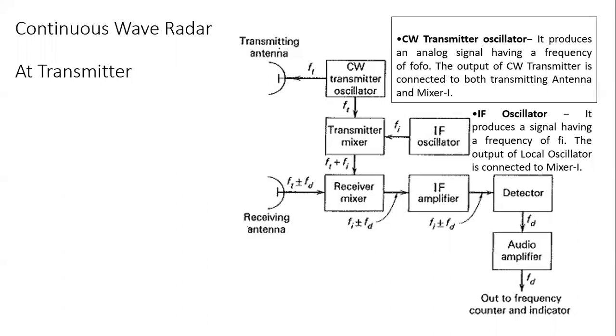This again acts as a local oscillator and gives a constant frequency to the mixer. Why is this done? We know that the mixer mostly works on the difference and sum of the received signal and the reference signal. So that is the reason these two things have been given here. Whatever signal is transmitted in space is also given to the mixer, and a reference point is also given.